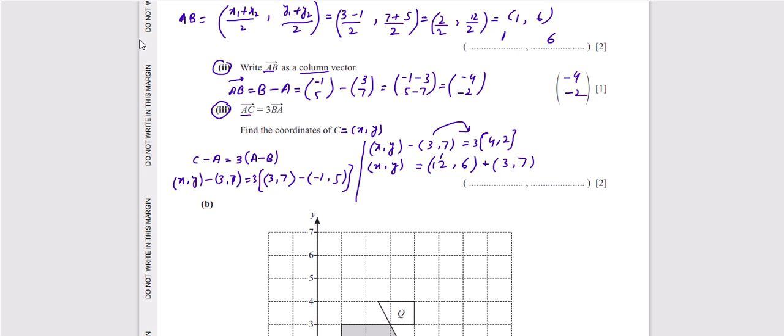So add the first number: 12 plus 3 is equal to 15, and 6 plus 7 is equal to 13. This is the required answer. The first one is 15 and the second is 13.